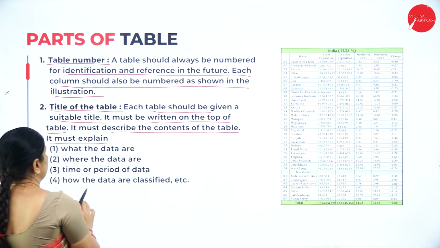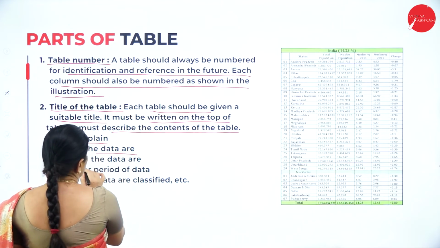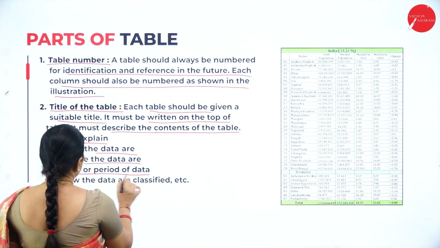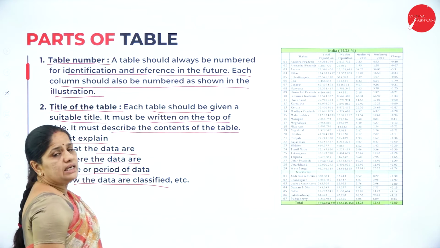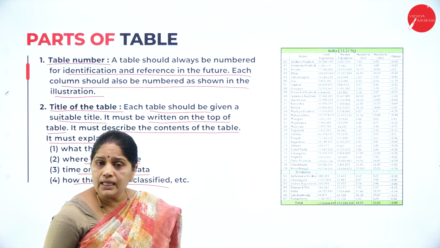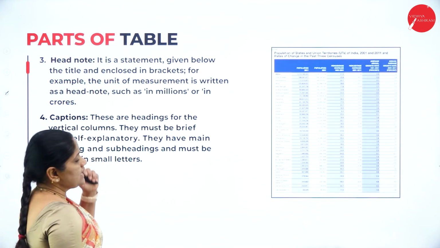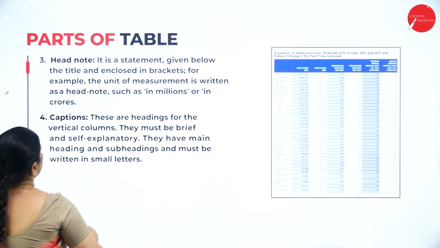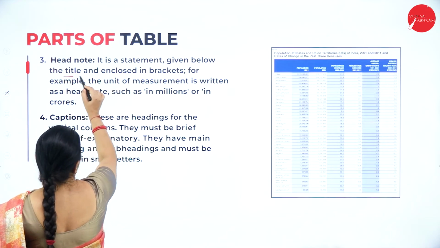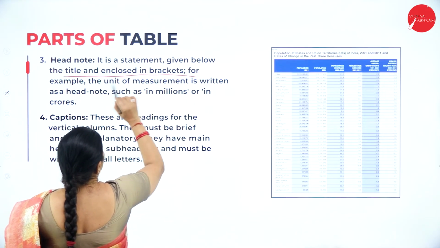The table should have a title: what the data is, where the data is, the time period of the data, and how the data are classified. All this becomes the title of the table. Then next one is the head note. Head note is a statement given below the title and enclosed in brackets.